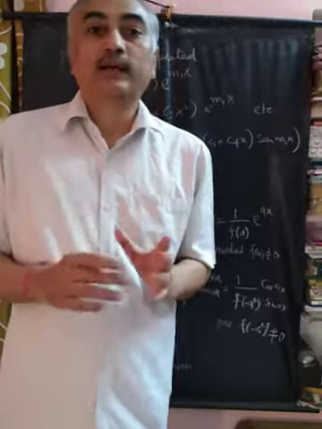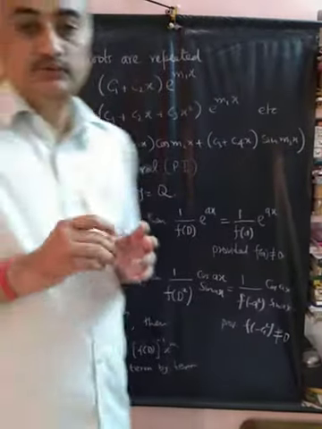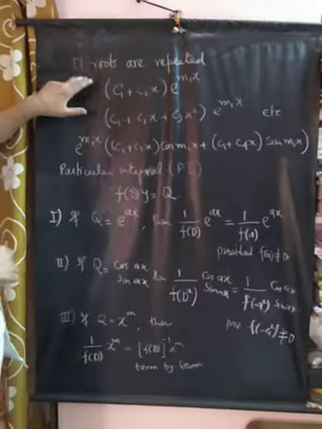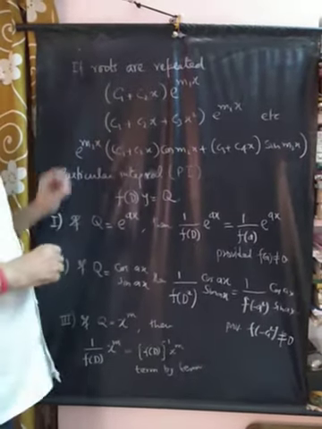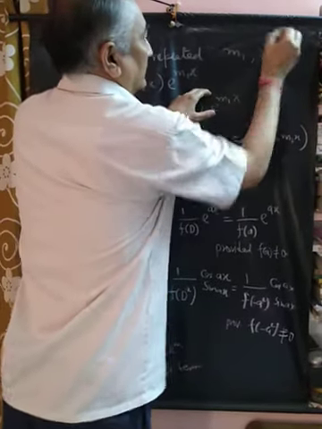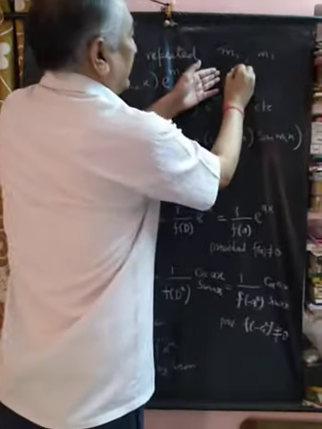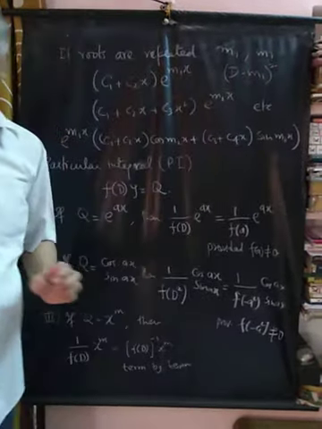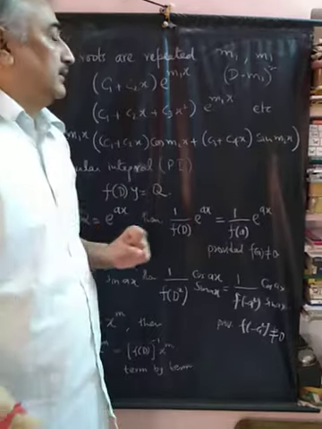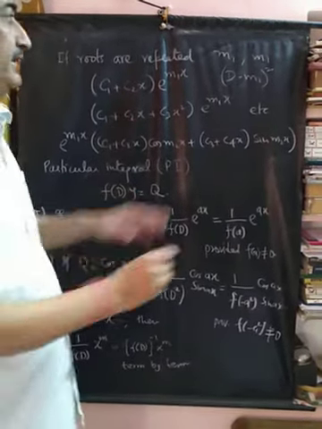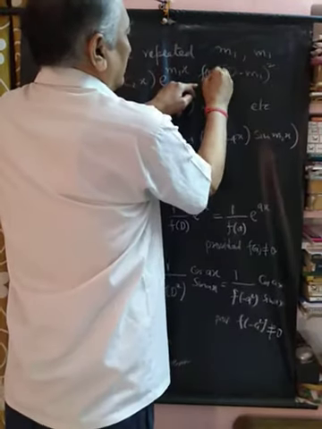But if the roots are repeated, this is the point from where we start this lecture. If the roots of the auxiliary equation are repeated, for example, if the root m1 is repeated, there will be a squared term like this on the left hand side, this was your f(D).